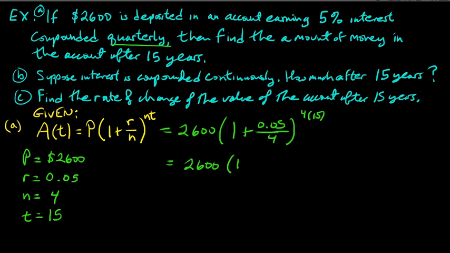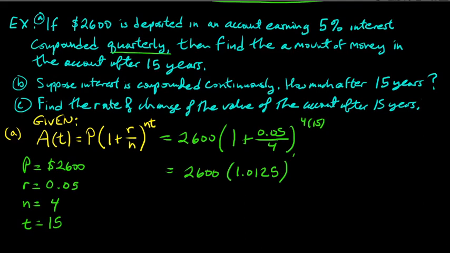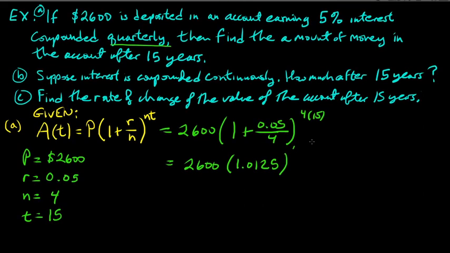I think it's 0.0125, yep. But don't take my word for it, use a calculator. 1 plus 0.0125 is 1.0125. And 4 times 15 better be 60, okay.